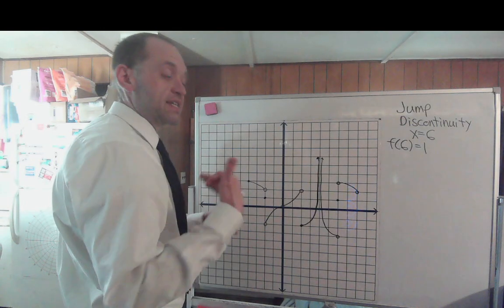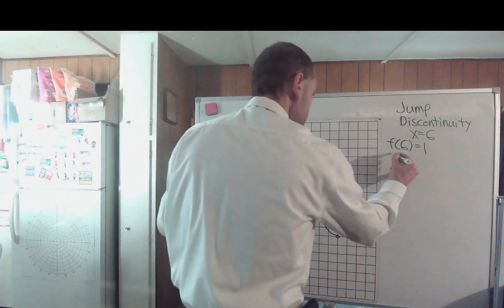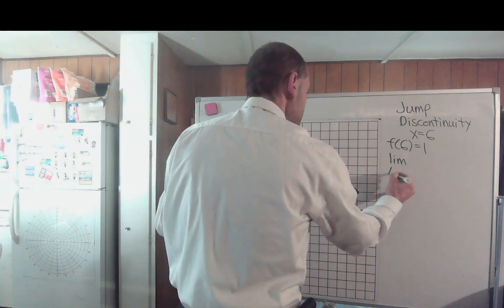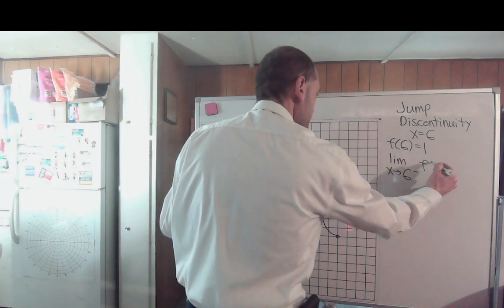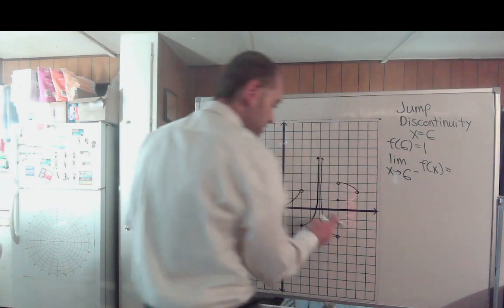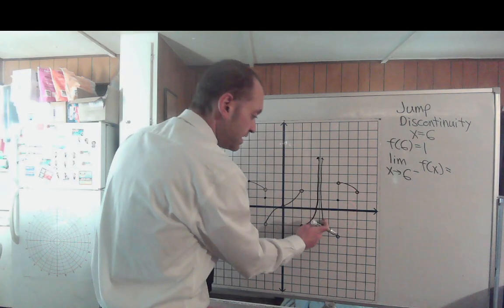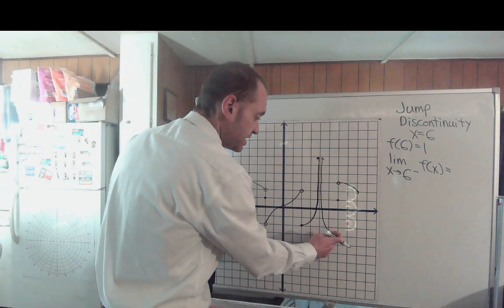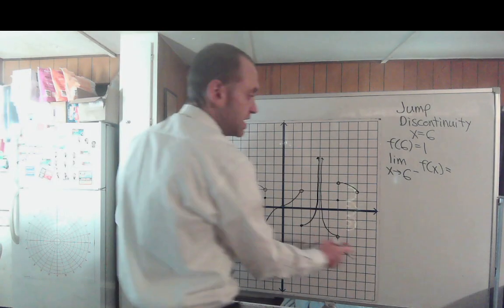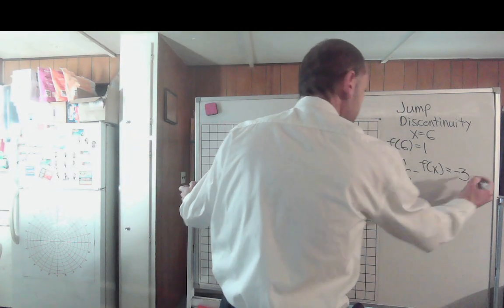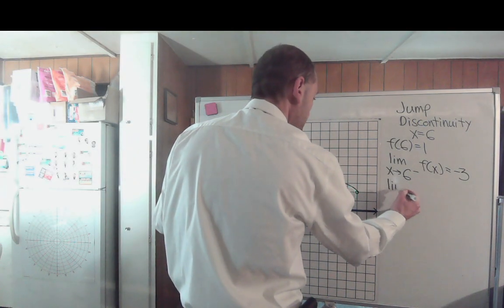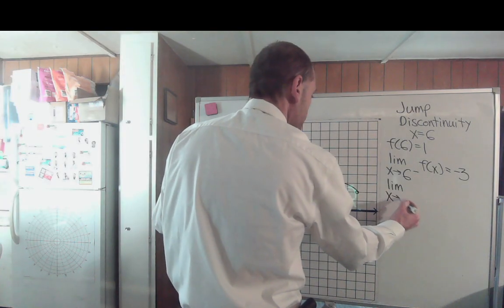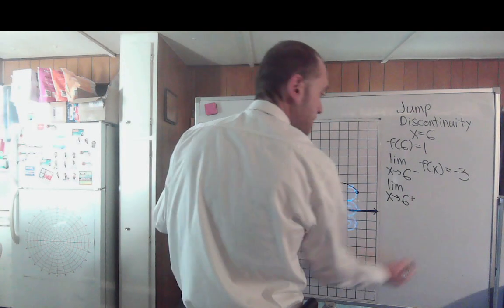Now of course we need to take the left and right-handed limits. So the limit as x approaches 6 from the left of this function: trace along your graph from the left as you approach x equals 6, and you'll get to a y value of negative 3. So the left-handed limit at x equals 6 is negative 3. Now what about the right-handed limit as x approaches 6 of this function?